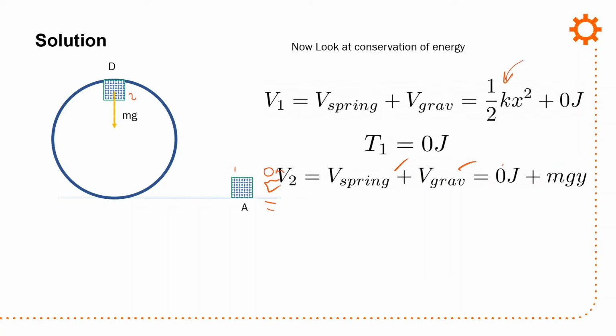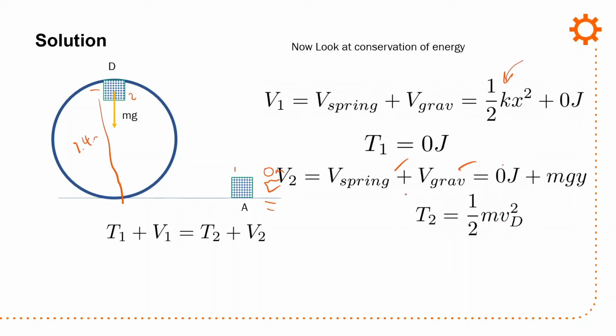And on the other side, I have the height as it reaches the top of its motion, and that is going to be 1.4 meters. T2 is equal to 1/2 m velocity at position D squared, and I can set this up. Again, no work done because there are no non-conservative forces here. Everything is conservative, so spring and gravity in this particular problem.